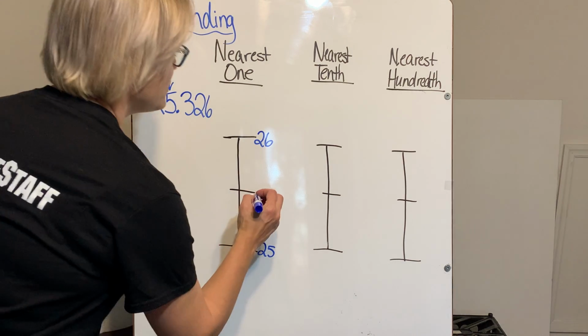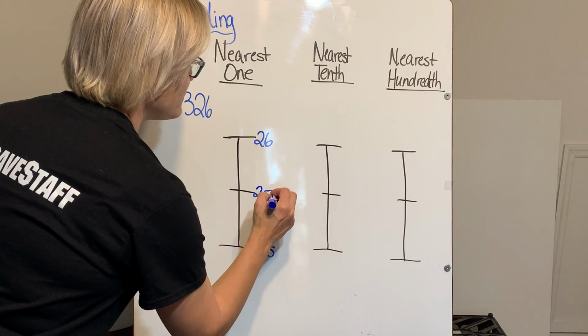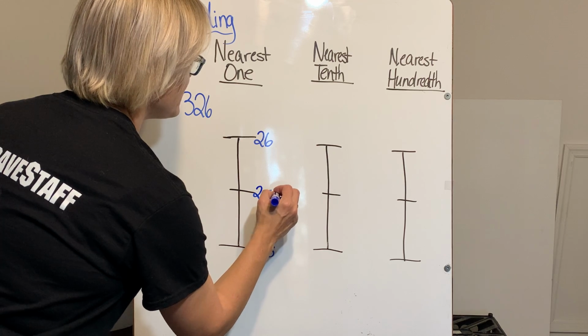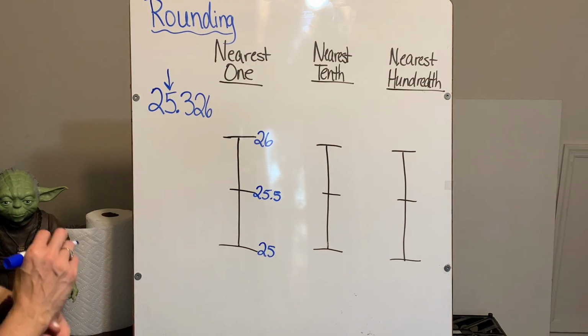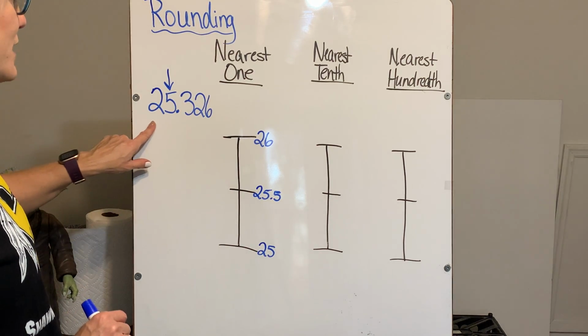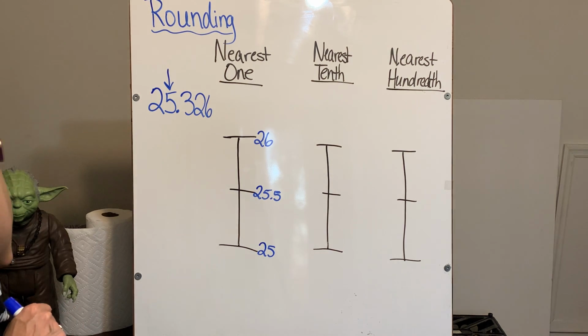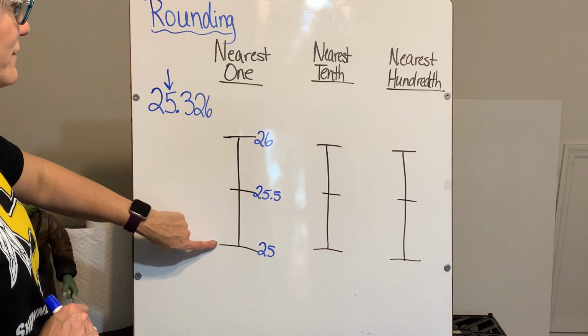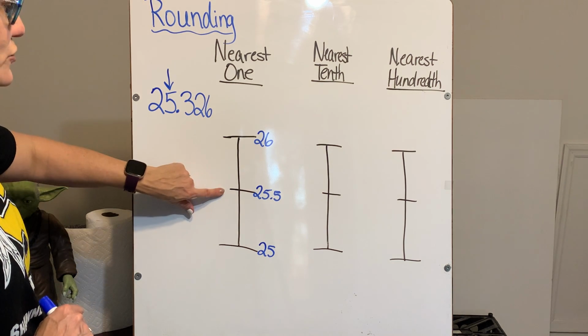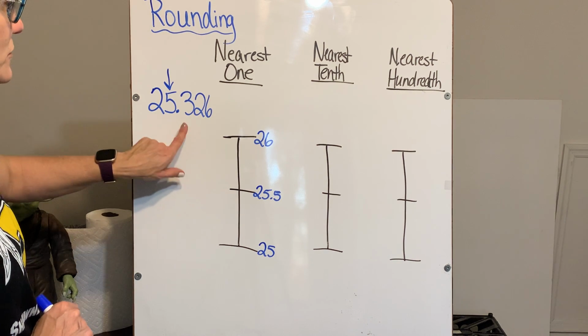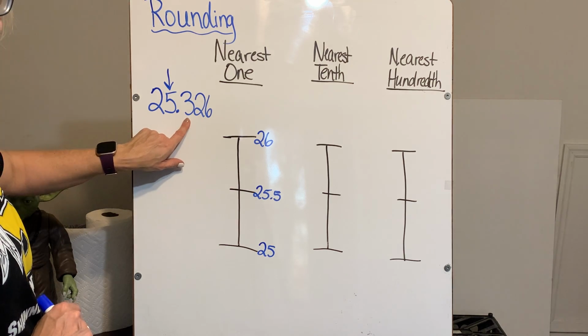Oh, I know. 25 and 5/10. So where would 25 and 326 thousandths go? If 25 is here, 26 is here, and 25 and 5/10 is in the middle, I notice there's 3/10.